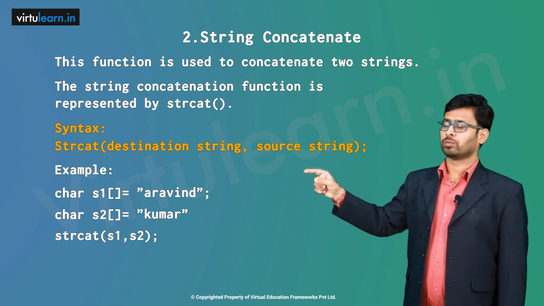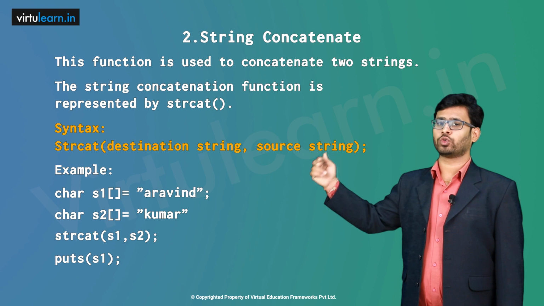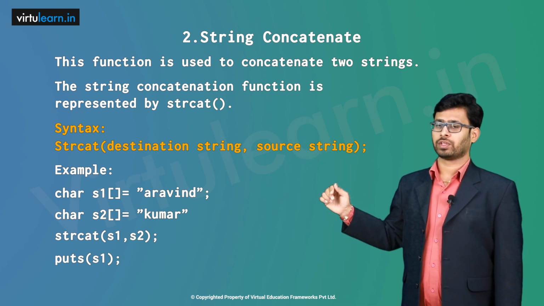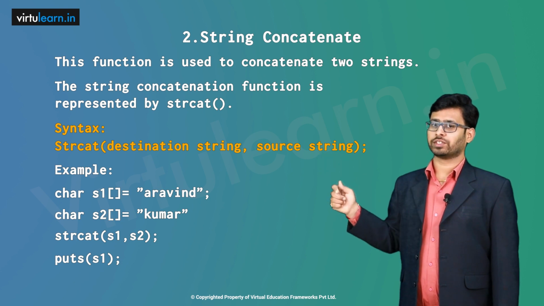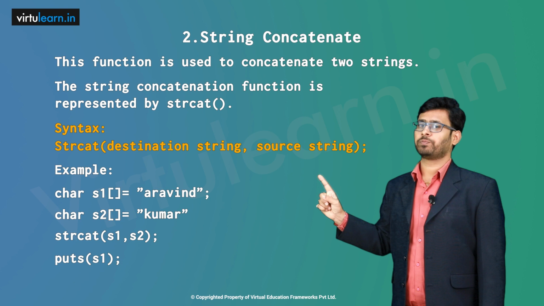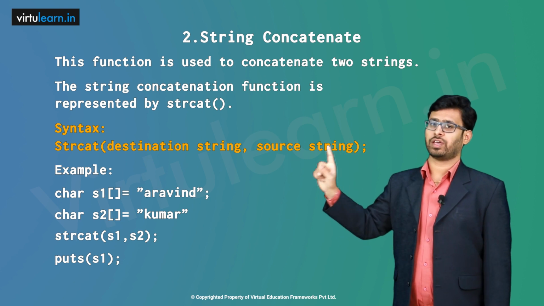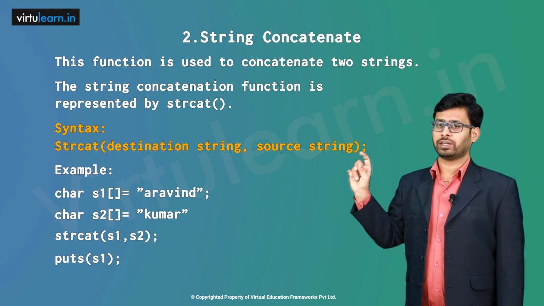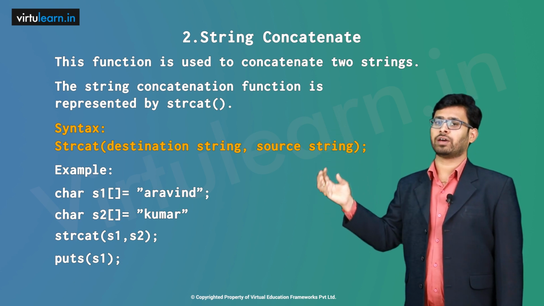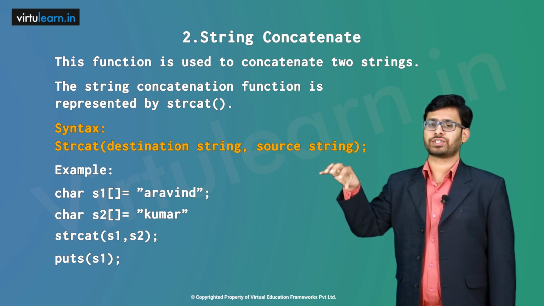And if I write puts of s1, which is used to print the string result, what will be the output? Here the source string is s2 and the destination string is s1. The contents of the source string are appended to the destination string.